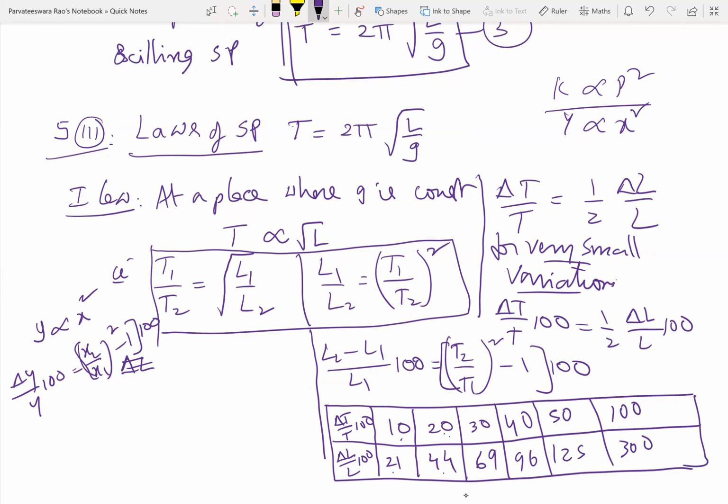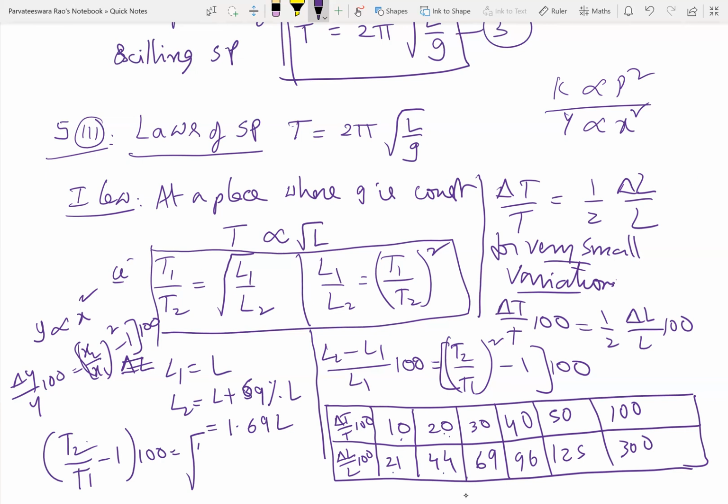If you want, you can have one calculation. Say, for example, L1 is equal to L, L2 is equal to L plus 69% of L. So it is 1.69 L, correct? So if you want time period using this relation, T2 by T1 minus 1 into 100 is root of L2 by L1 minus 1 multiplied by 100.